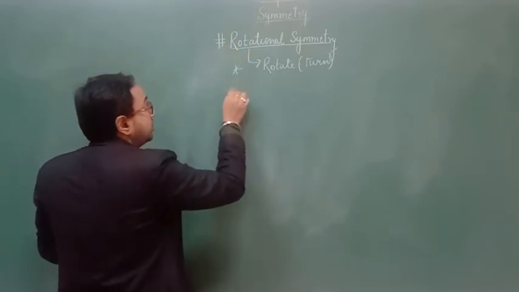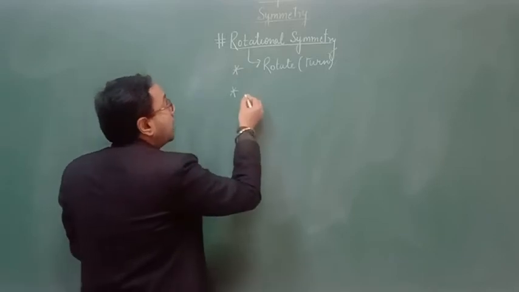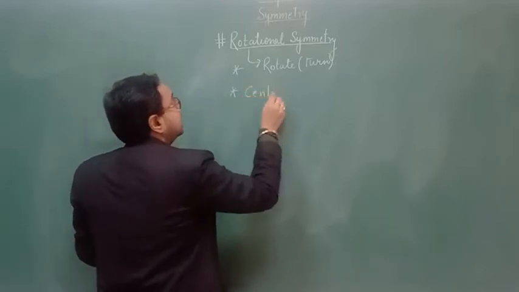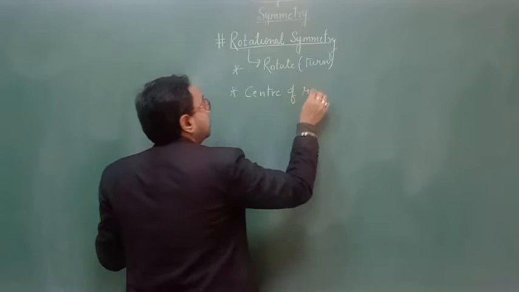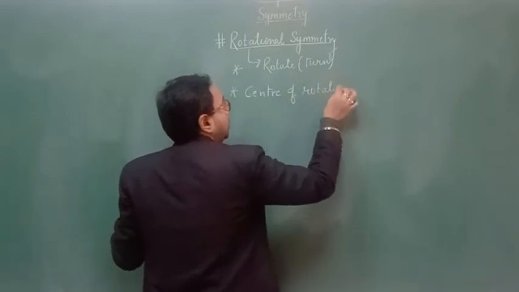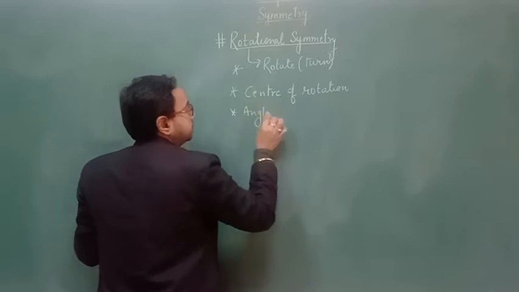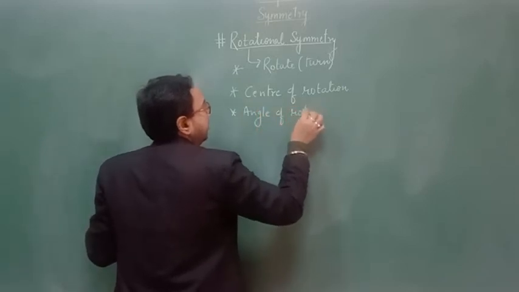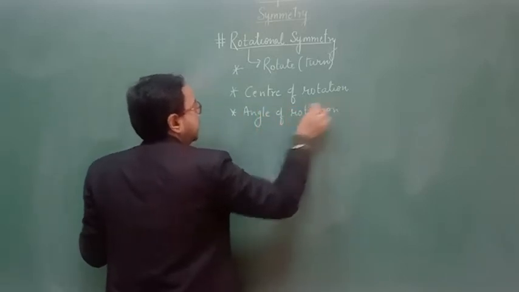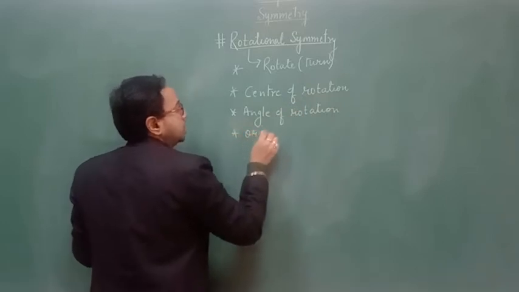Secondly, for rotational symmetry we need one important point, the center of rotation. The three important terms are center of rotation, next angle of rotation, and third, the order of rotation.